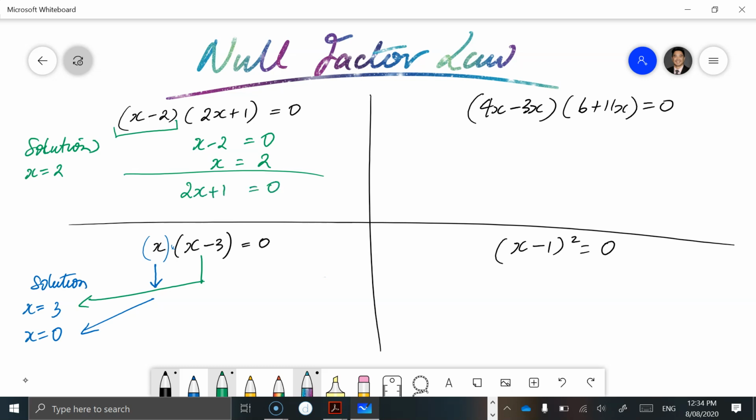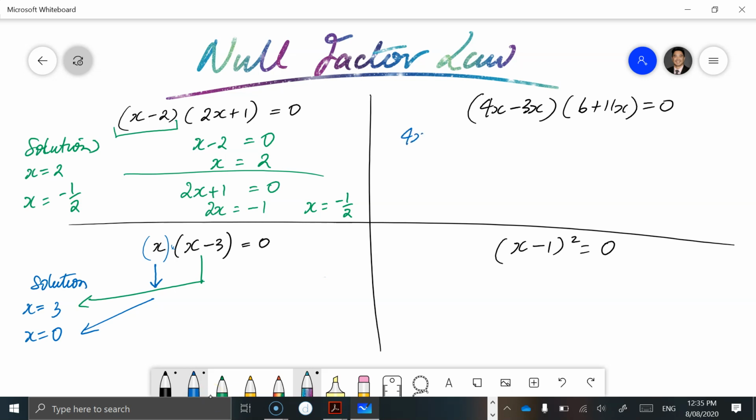Let's take 1 from both sides, so we have 2x is equal to minus 1. Then to get rid of the 2, you divide both sides by 2, so x is equal to a negative half. So we have two solutions being 2 and negative half.